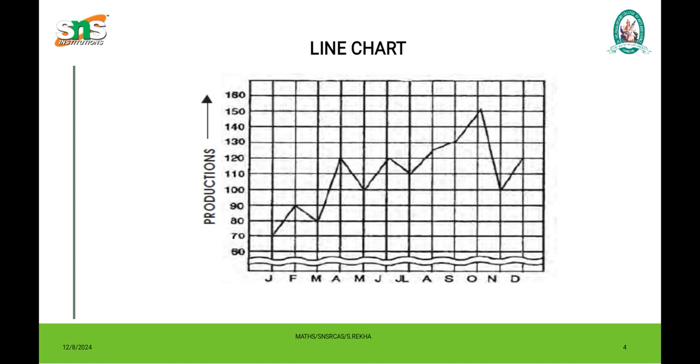This line chart helps us to identify in which month production is highest. By seeing the data, it helps us identify that the highest value is 150. So it is easily identified.